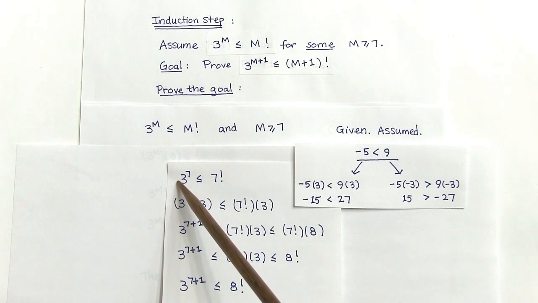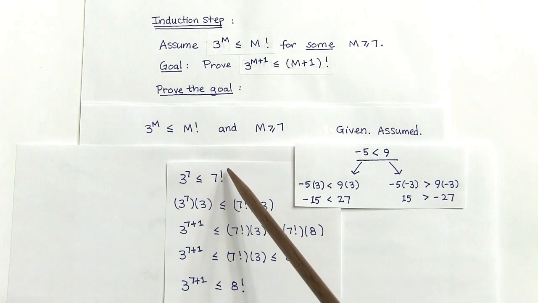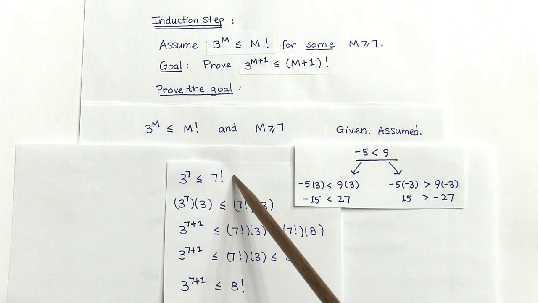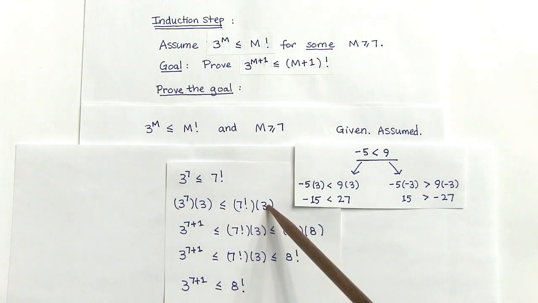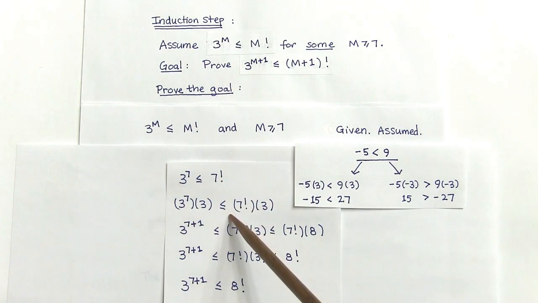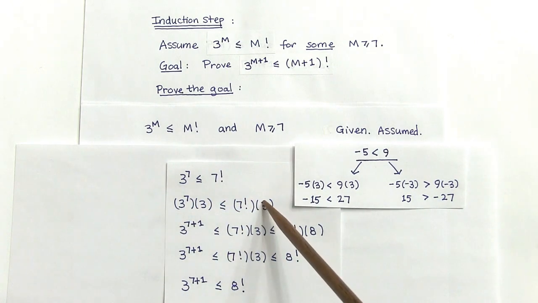Our base case says that 3 to the 7 is less than or equal to 7 factorial. We know this is true. This is a true inequality, and if we multiply this true inequality on both sides by a positive number, 3, the direction of the inequality remains the same. You might try punching this on your calculator and checking.